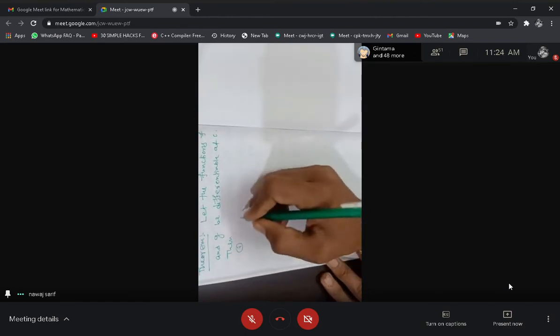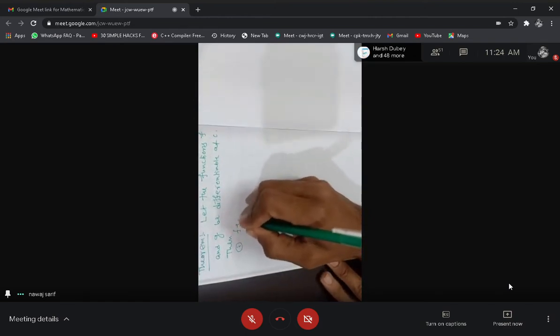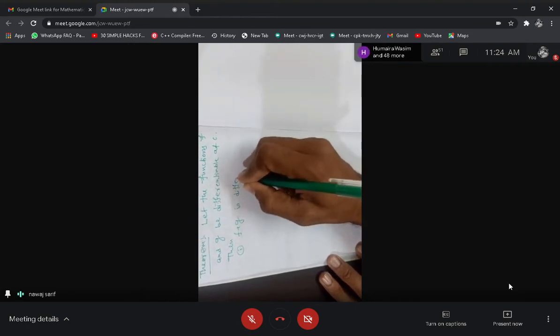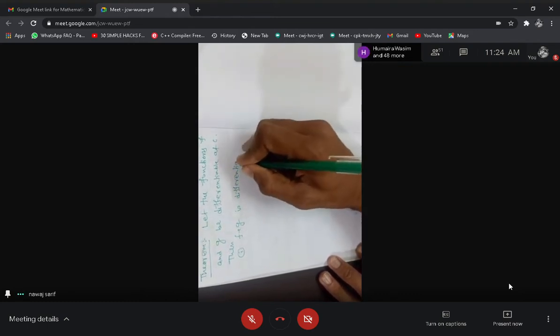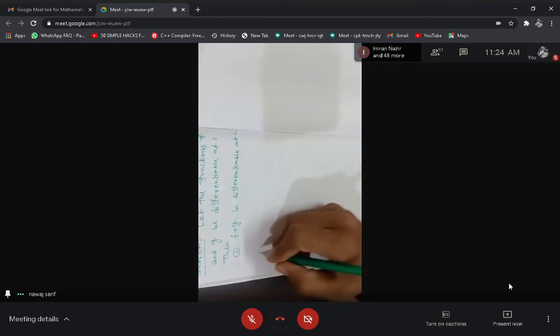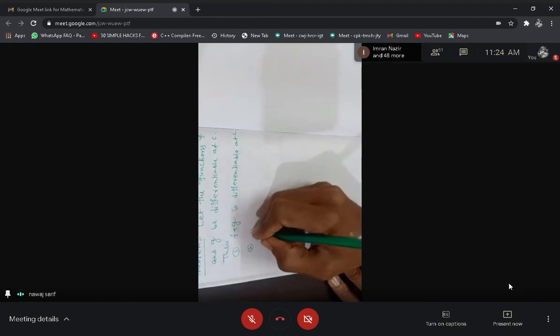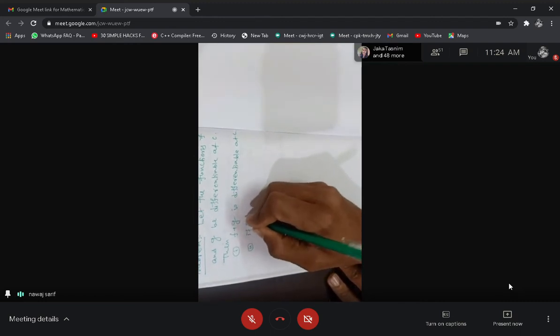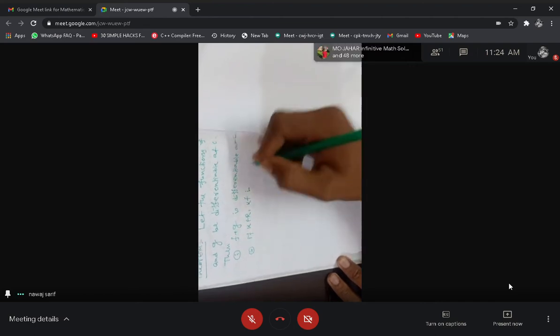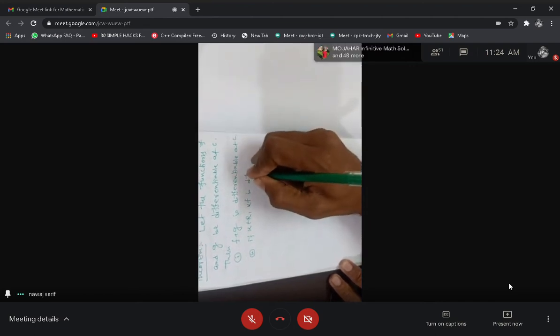number 1, f plus g is differentiable at c. Number 2, if k is any real number, then k times f is differentiable.